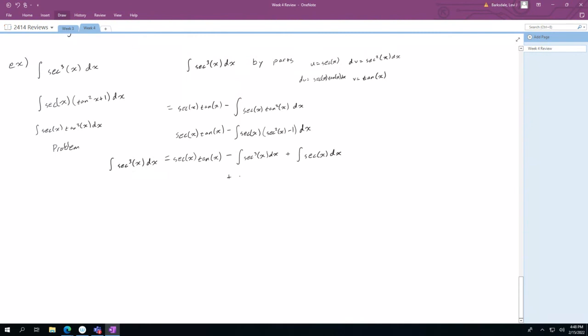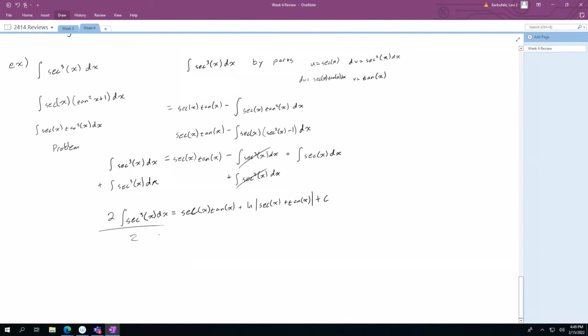Perfect. And now we're just going to add that same integral to each side, right? So this cancels with this. 2 times the integral of secant cubed of x is equal to secant of x tangent of x. The integral of secant x is something you should have memorized, the natural log of secant x plus tangent x, plus c.